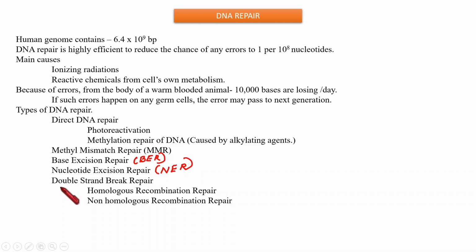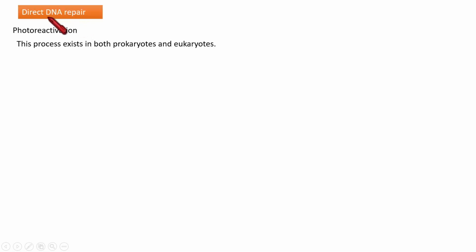This method of repair is handling double strand breaks. Okay, in today's video, we will learn about only one method, that is direct DNA repair, that itself is of two types: photoreactivation and methylation repair of DNA. Okay, let's see the direct DNA repair methods.